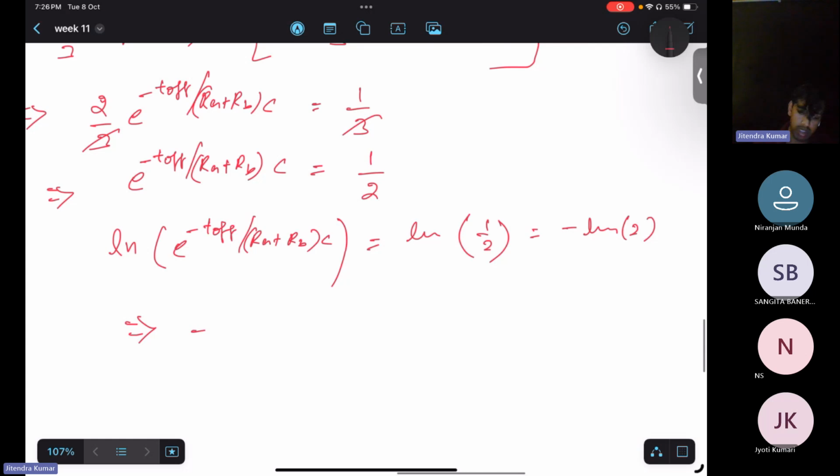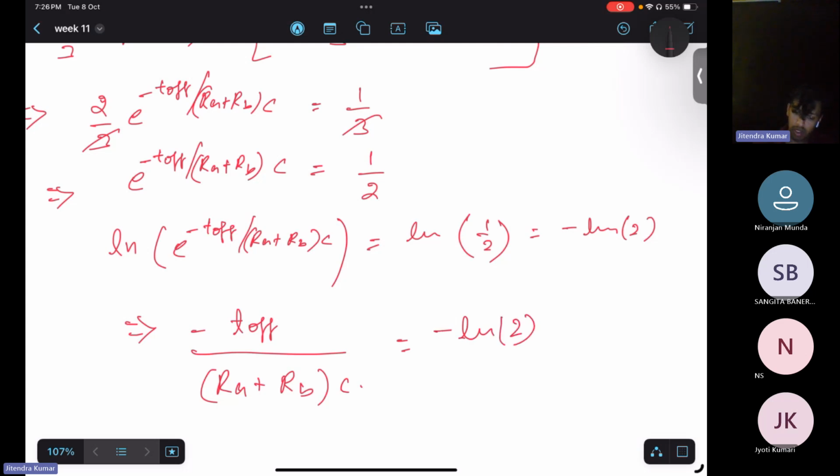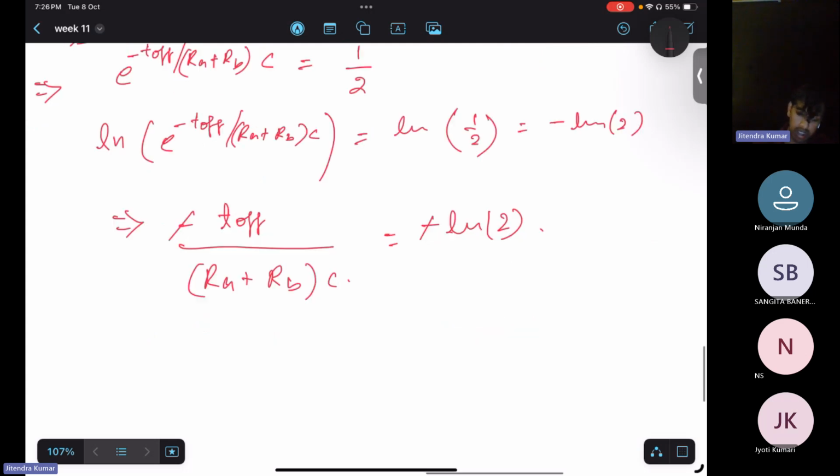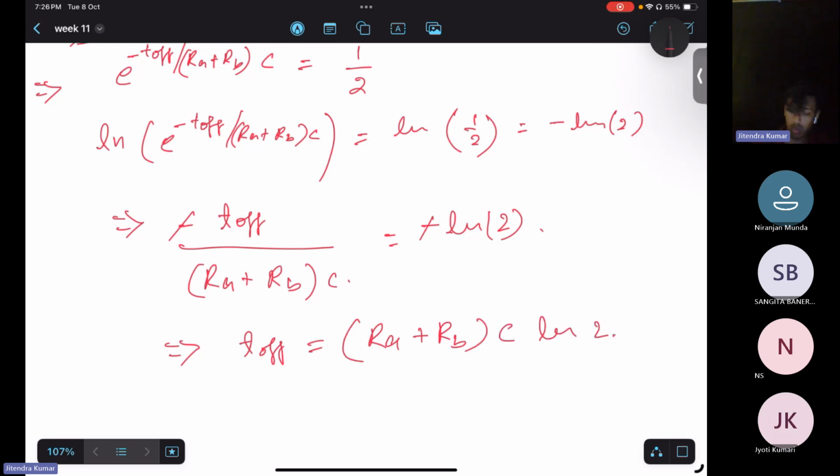So minus T of ln into e will be cancelled out, minus T of divided by Ra plus Rb into C equal to minus ln2. So this minus will be cancelled out. So T of will be equal to Ra plus Rb into C into ln2.